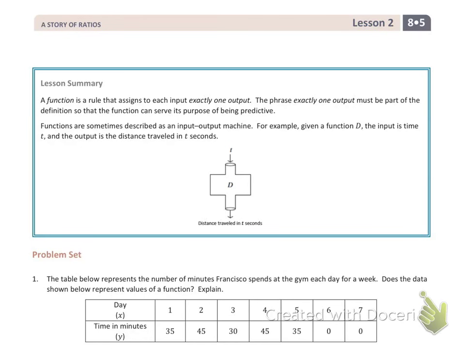And like I said, in this problem set, you are going to be asked to identify functions in tables. We did some exercises like that. But you're also going to be asked to find some function rules too. So have fun with that. And we'll see you back here for lesson 3.